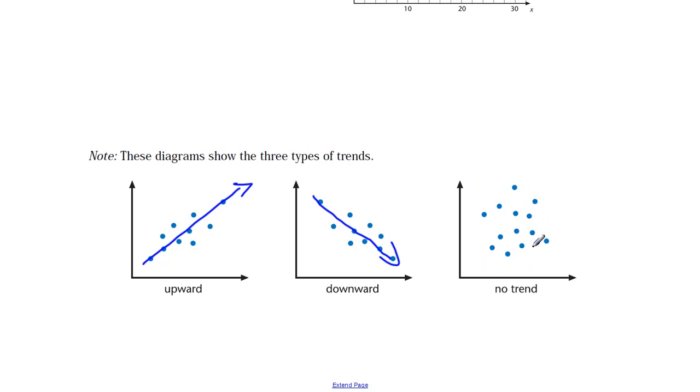So we say there's no trend, which would suggest that there's no real relationship between the two sets of data. So there are the three possibilities, and this is a really good way to compare two different sets of data to see if there's any sort of relationship between them, and from there you can interpret the information accordingly.